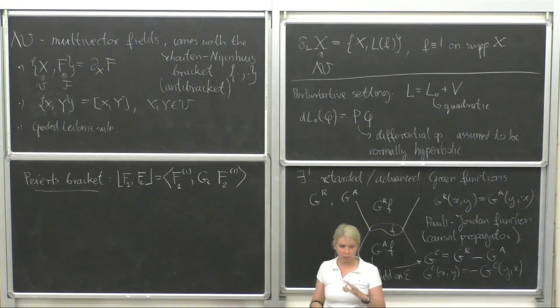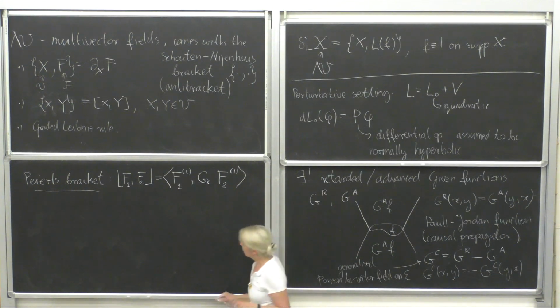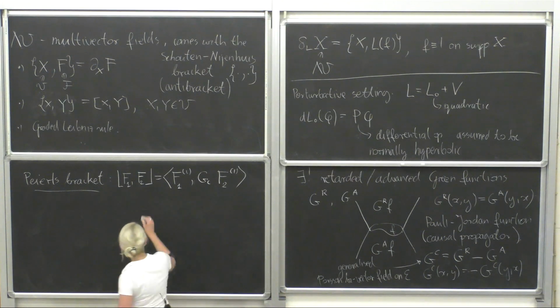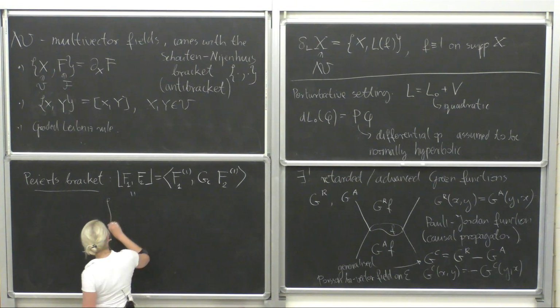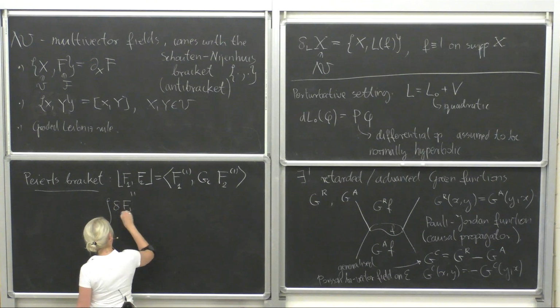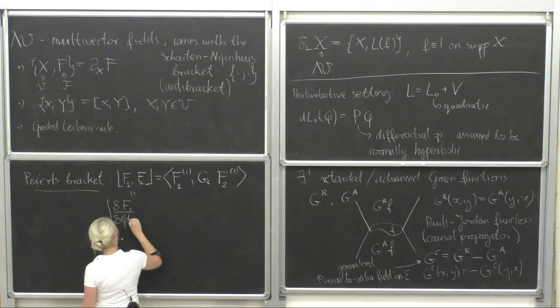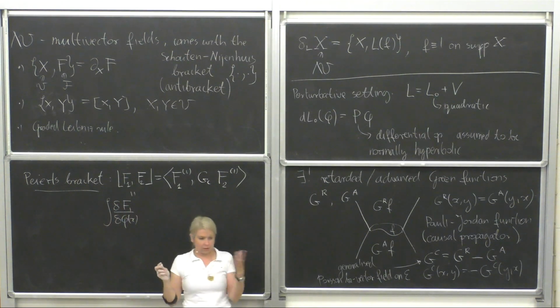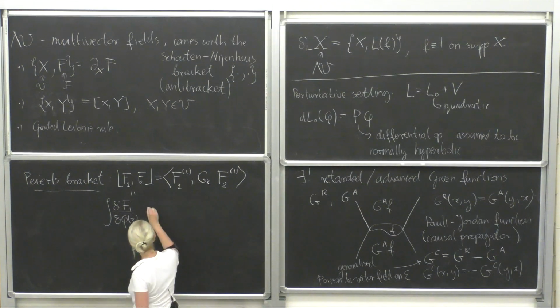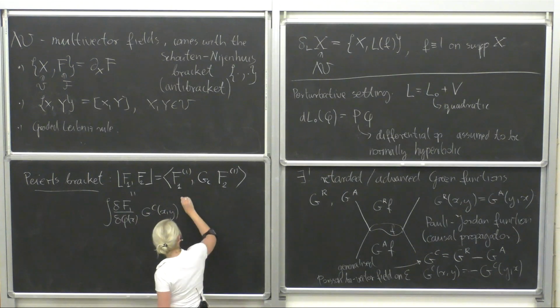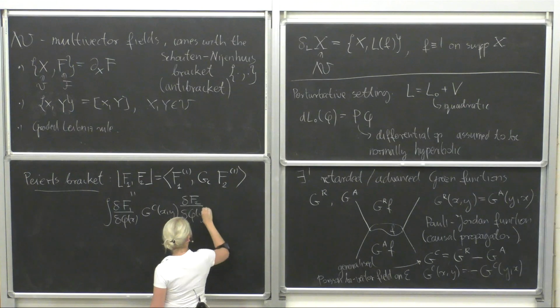Okay, so that's a compact way of writing it, and let me write it the physics way. So this is d f1 over d phi of x, whatever indices are there, contracted with gc of xy, and then df2 over d phi of y.